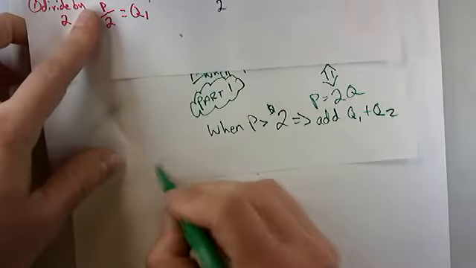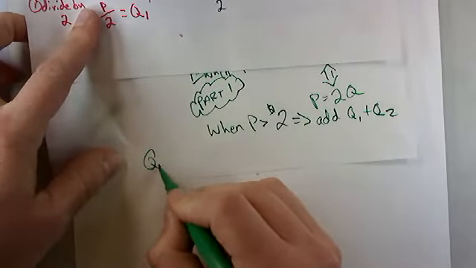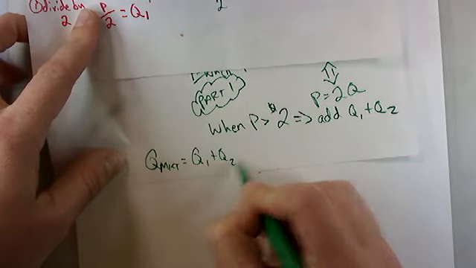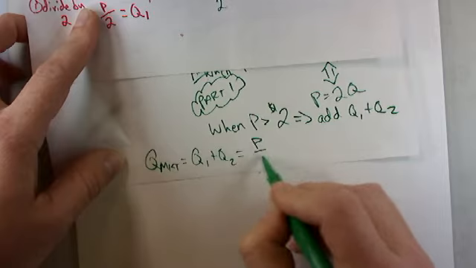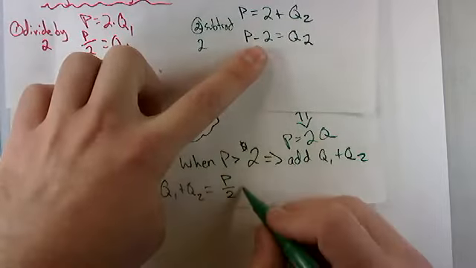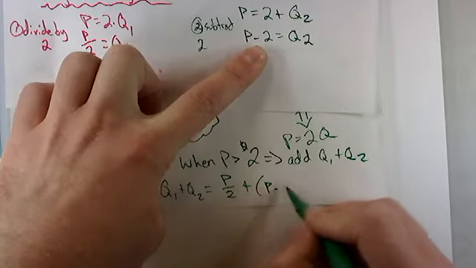So we're literally just doing Q market is equal to Q1 plus Q2, which is P over 2, that's what Q1 is, plus P minus 2. And remember, parentheses.